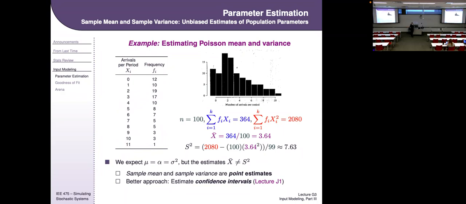If I want to calculate the mean of this table, and this is exactly the math you'll do on the homework, I have to scale each one of these outcomes by its frequency and then add those multiplications together. So I multiply element-wise all the way down here, add all of those multiplications together, and I get a number, 364. I divide it by my n, which is all of the frequencies added together, 100. That tells me that my mean is 3.64.